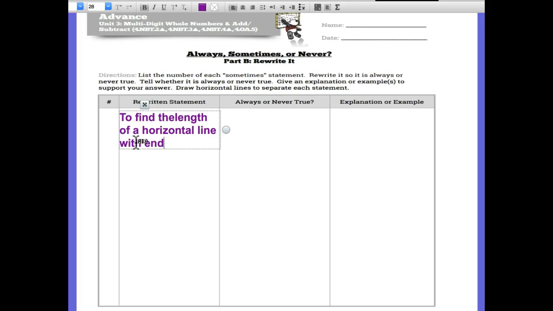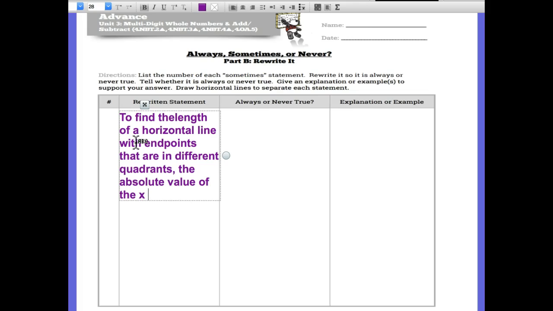With endpoints that are in different quadrants, the absolute value of the x value, or the x coordinate, is added because the y values are the same.